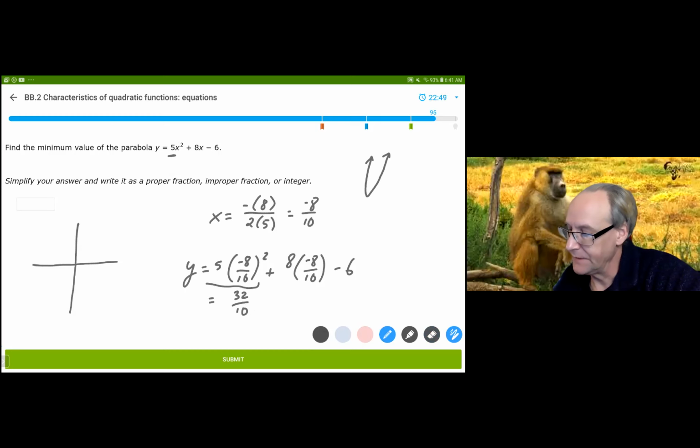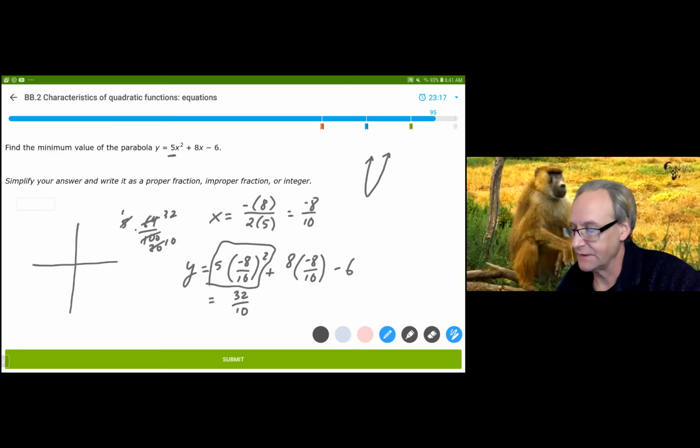I just multiplied this out and reduced it. The negative 8 over 10 squared is 64 over 100, and I'm multiplying it by 5. The 5 cancels with this to give me 20, and then I take a 2 out. That's going to give me 32 over 10.